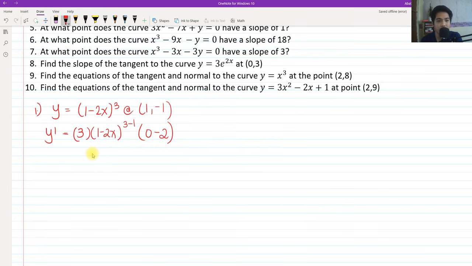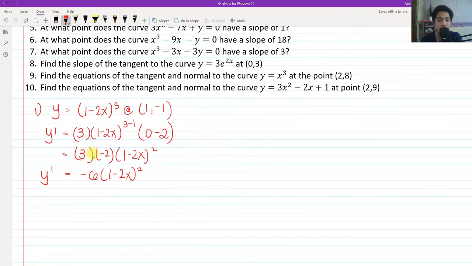So 0 because of the first term, and negative 2 because of the negative 2x. So simplifying, we have 3 times negative 2, (1 minus 2x) squared. So we have negative 6 (1 minus 2x) squared. So we have already differentiated, the y prime.